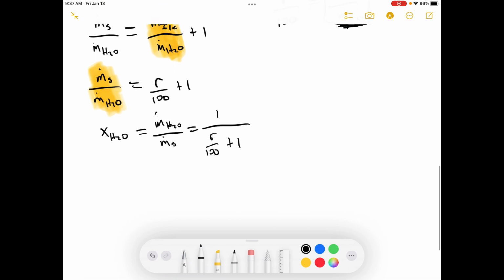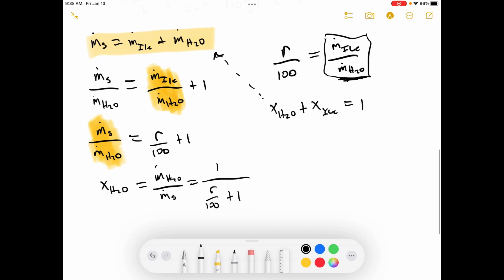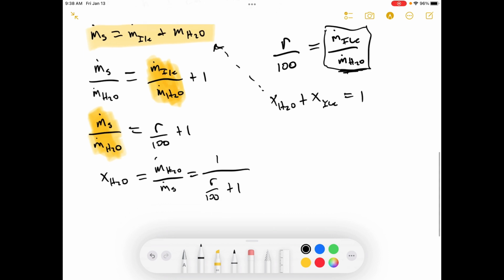That's great. So now we can use our other relations like H2O plus ILE equals 1, or we can use this function. We could use a mass balance here and figure out what the appropriate values and calculate what the mass flow rate of ILE is.